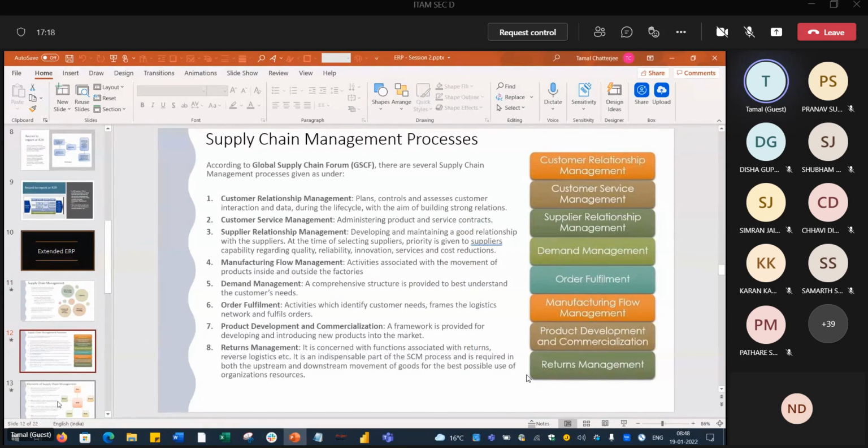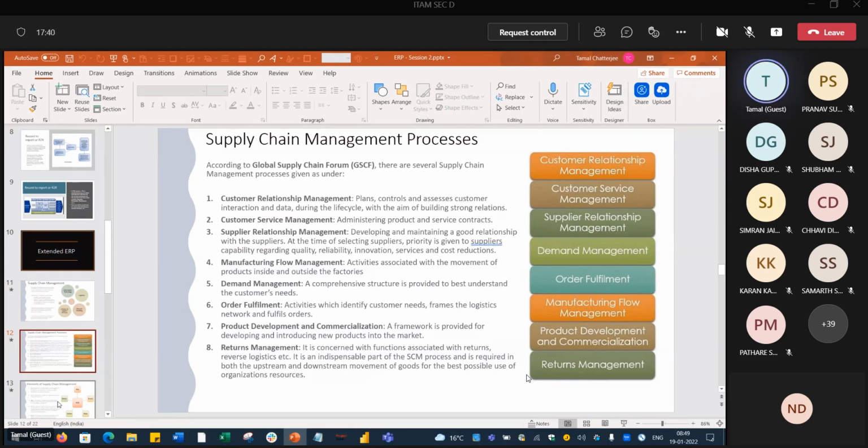We are not devising any process. There is a group of people called the Global Supply Chain Forum, which has given these eight steps for the supply chain management flow.